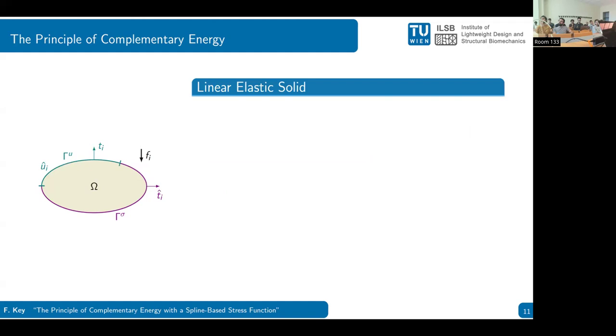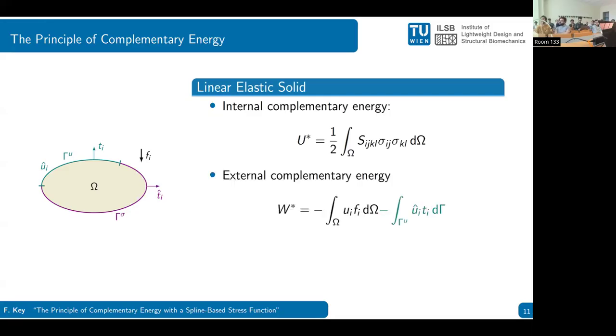Again, looking at the linear elastic solid, the internal complementary energy, which was basically the first integral, is given by 1/2 of the integral over the body of the compliance tensor multiplied with the stresses, which are our unknowns in this case. We also have external contributions: one from this body force density, and one from the prescribed displacements.